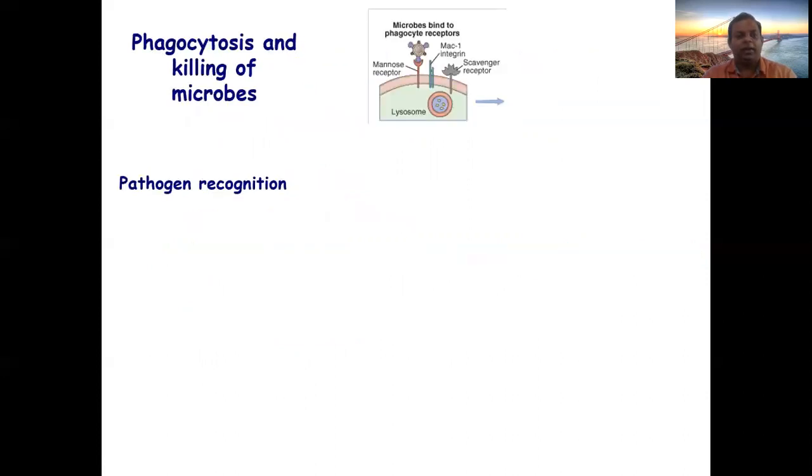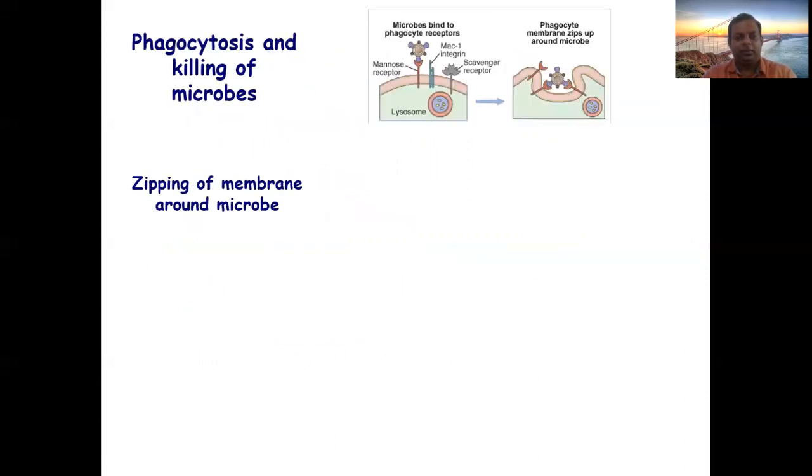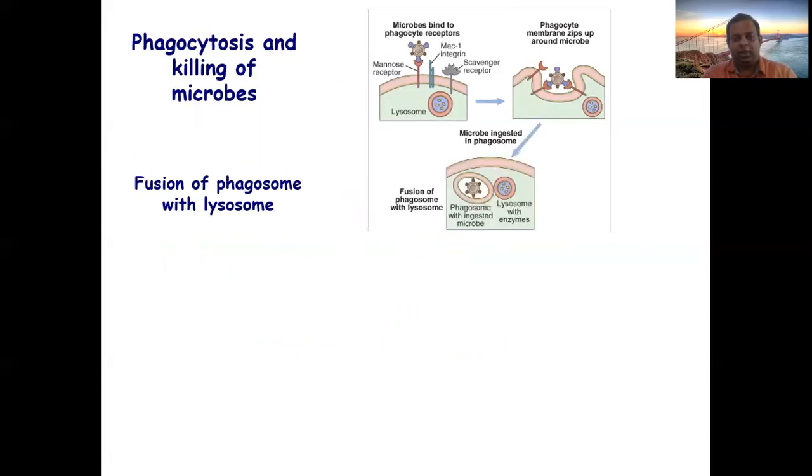So once the pattern is recognized, phagocytosis is initiated by the cell membrane of the macrophage as well as the neutrophil. It leads to ingestion of the pathogen by the macrophage. Then there's a phagosome, where the ingested material is within the phagosome, and lysosomes are in the secretory granules.